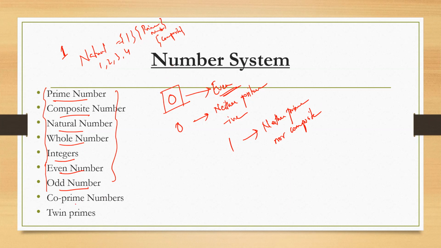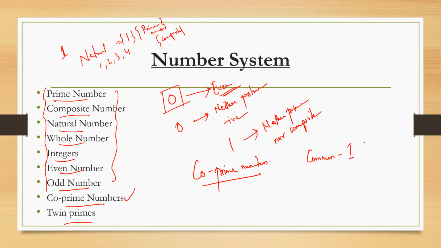Now we discuss two more terms here that will be relevant for our class today. First is co-prime numbers. What do we mean by co-prime numbers? When we talk about co-prime numbers, it is any two numbers where the common factor is only one.